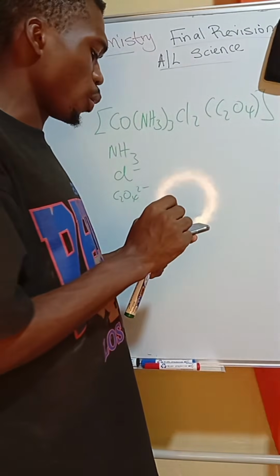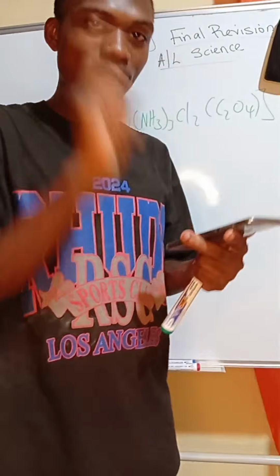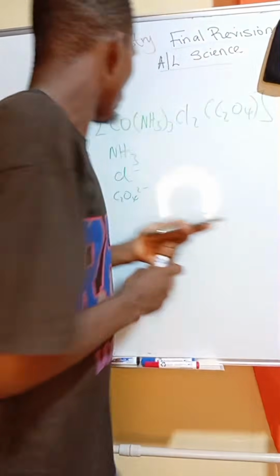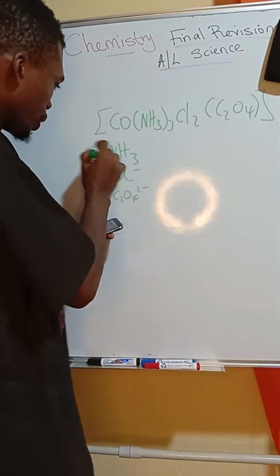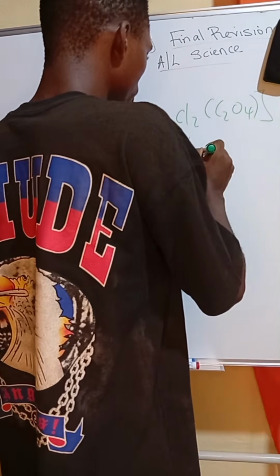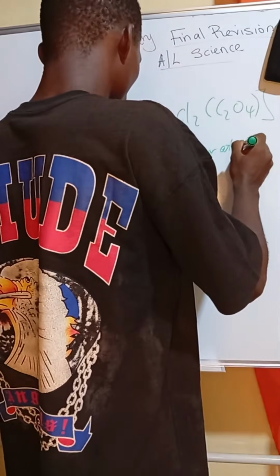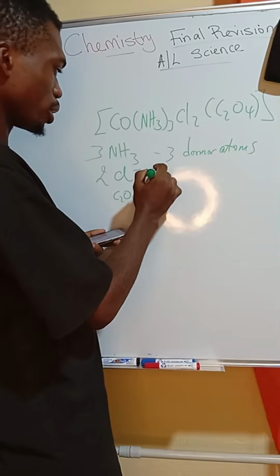Now we have to identify the number of donor atoms present. For example, NH3, we have 3 of them. What does it mean? We have 3 donor atoms. Cl minus, we have 2 of them, you are seeing this on the board, right?